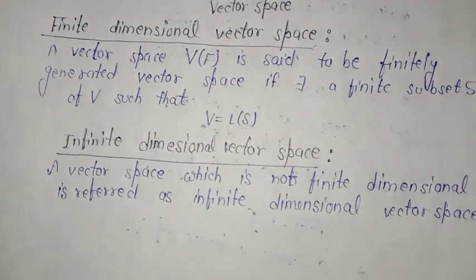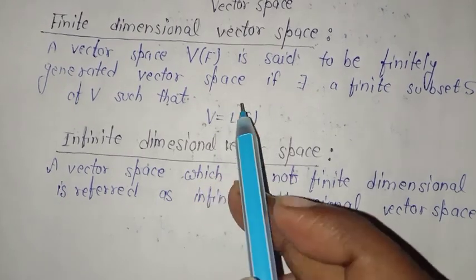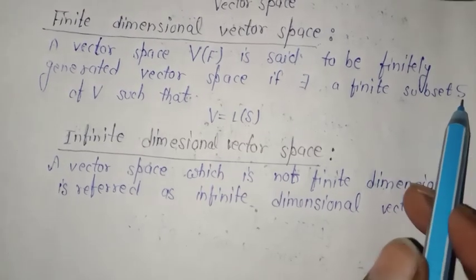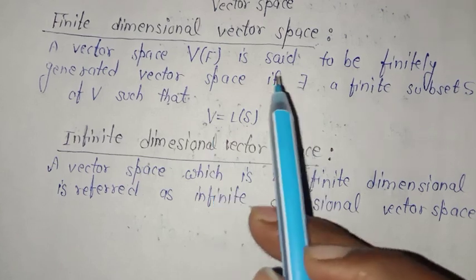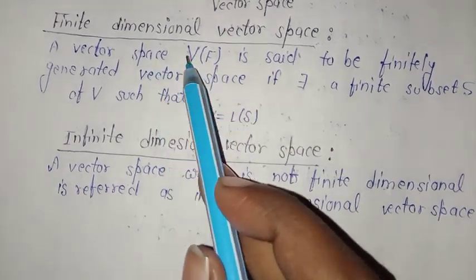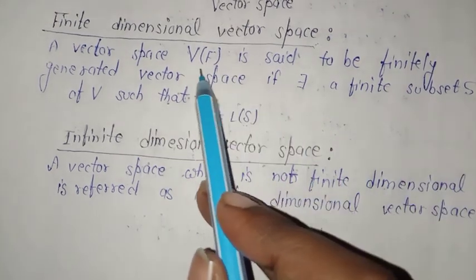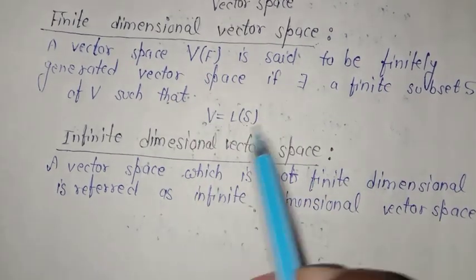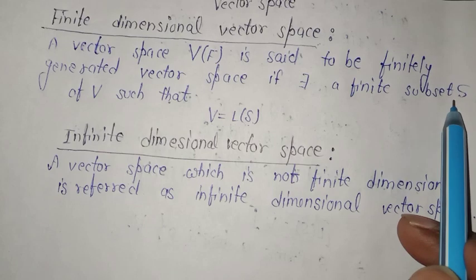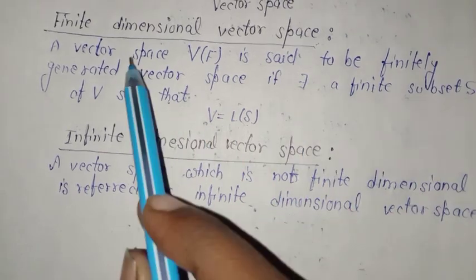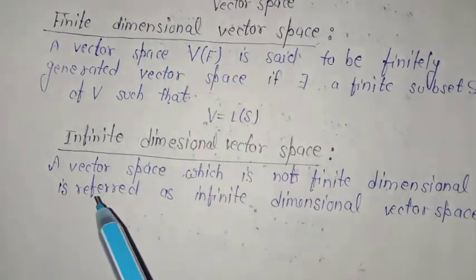So in short, S is a basis of the vector space V, and the number of elements in the set S is said to be the dimension of the vector space V. If the number of elements in S is finite, we say this is a finite dimensional vector space.